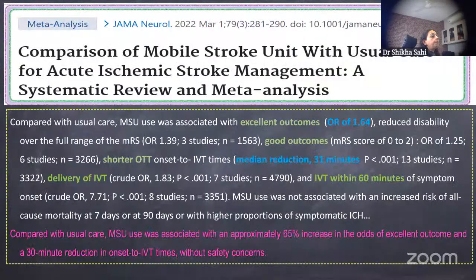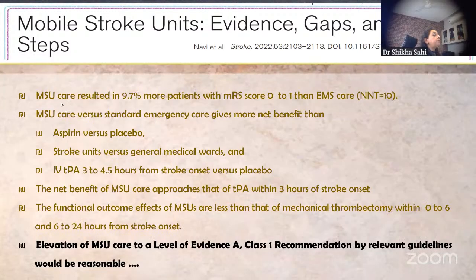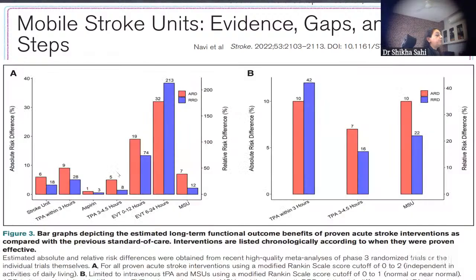So when these mobile stroke units were compared with the standard care of the patient, they were more beneficial, with other aspects like aspirin versus the normal stroke care, and the use of TPA within 3 to 4.5 hours.